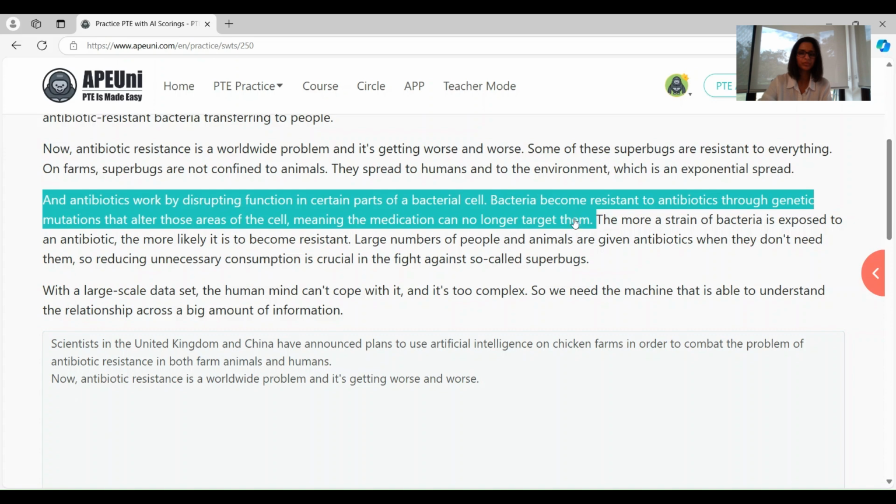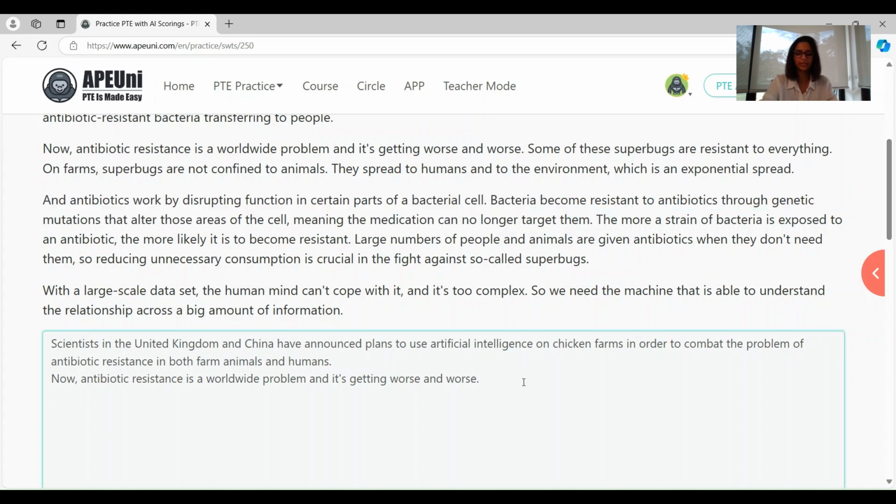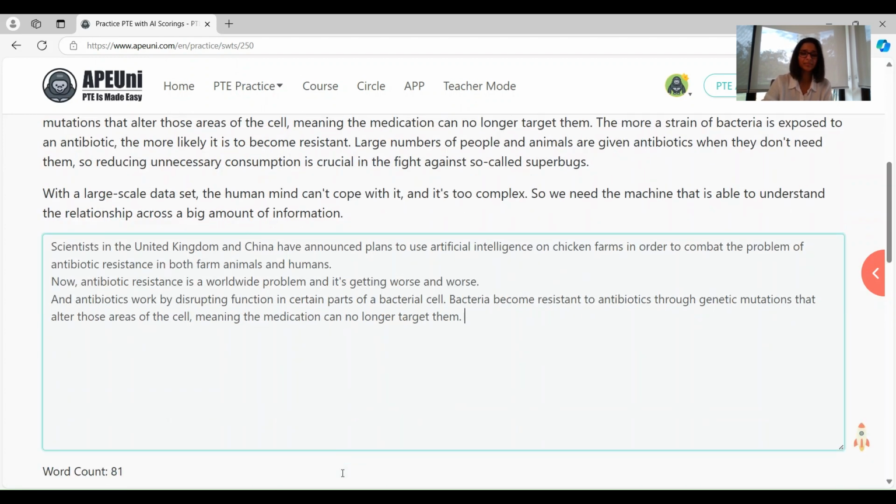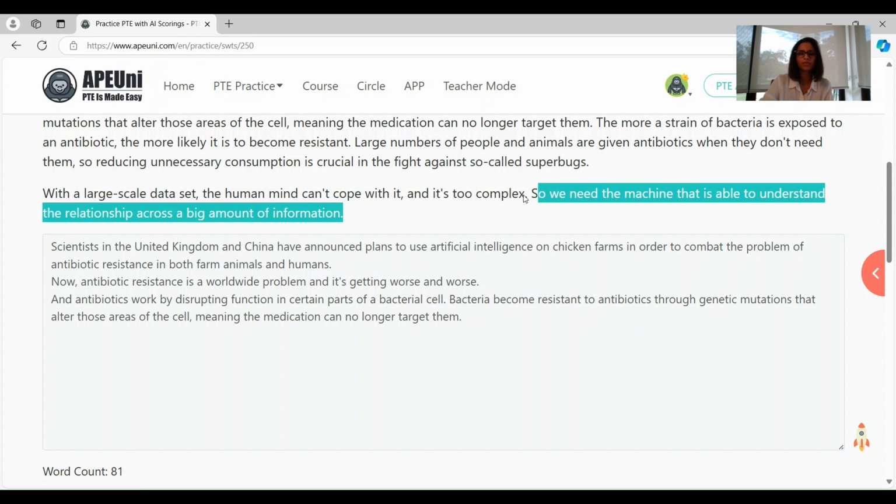Actually, that looks pretty important, so let's just take that. I haven't read it yet. Okay. So we've got 1, 2, 3 sentences from a mixture of locations within the text. Let's read them together. Scientists in the United Kingdom and China have announced plans. Oh, I've only highlighted 81. All right. Okay, let's just take this one, the final sentence.